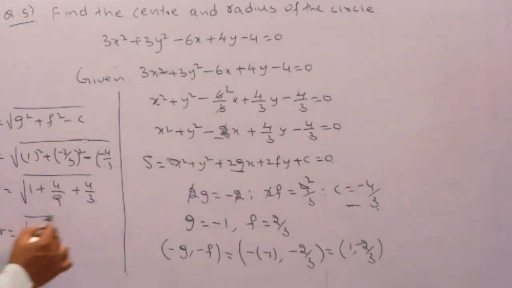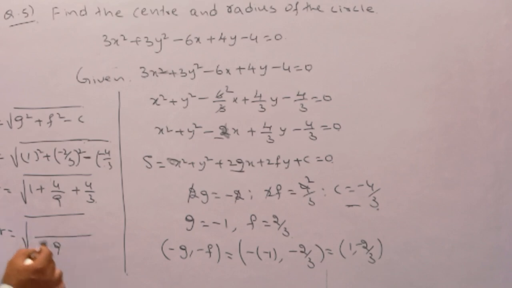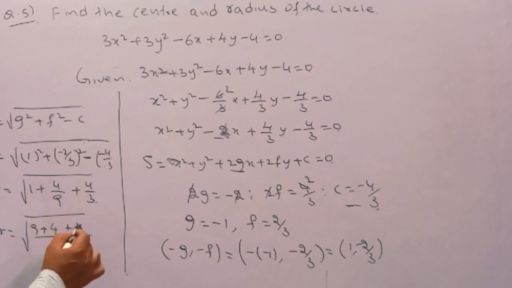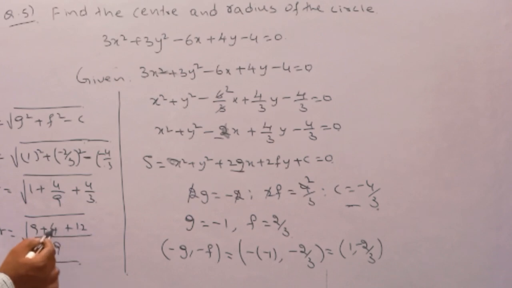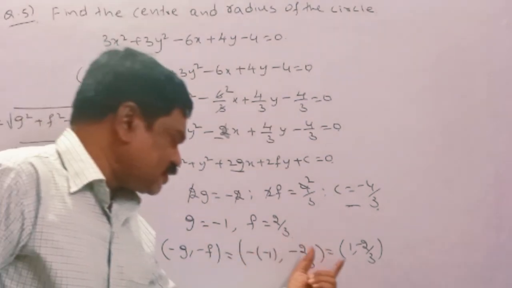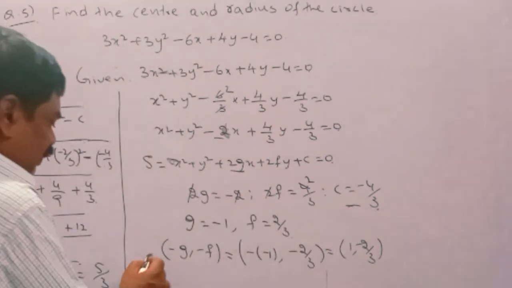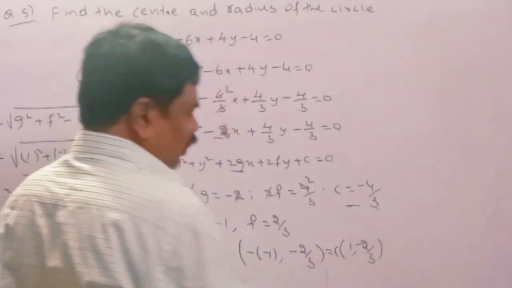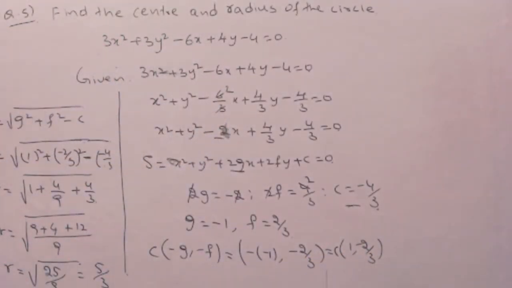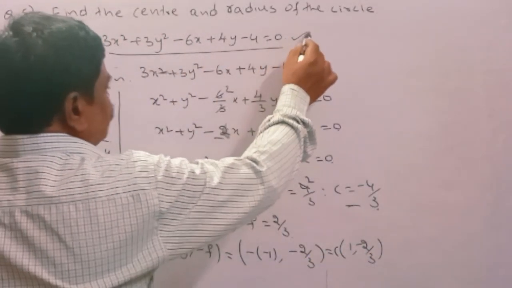Then r is equal to root over, LCM is 9, 9 plus 4 plus 12, that is 25 by 9, equal to 5 by 3 is the radius of the circle, and center of the circle is 1 comma minus 2 by 3 of the given circle.